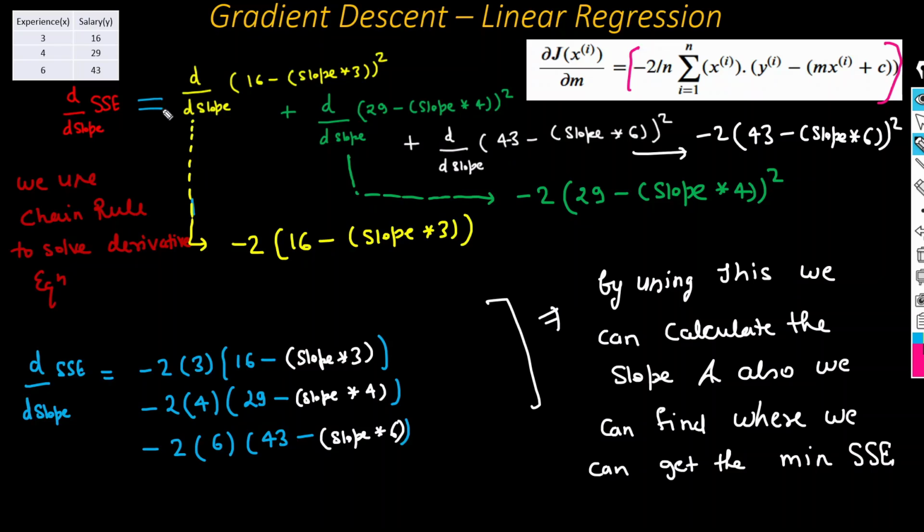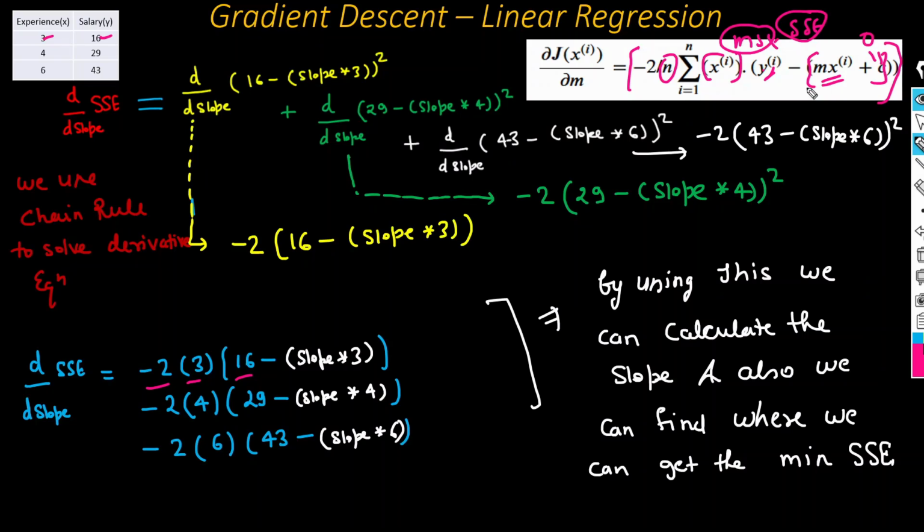So our first term will be minus 2 by n. This is the cost function of MSE, but here I am using only SSE, so that's why I did not include the n here. So minus 2 xi, where xi means your input 3, then y, the actual, which is 16, then this particular equation, and c is equal to 0.